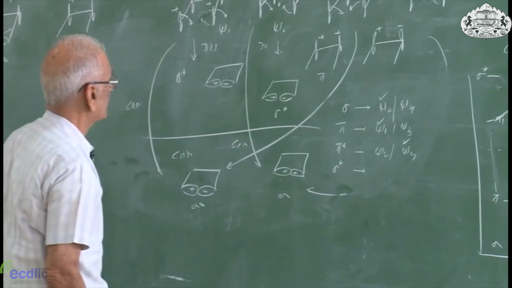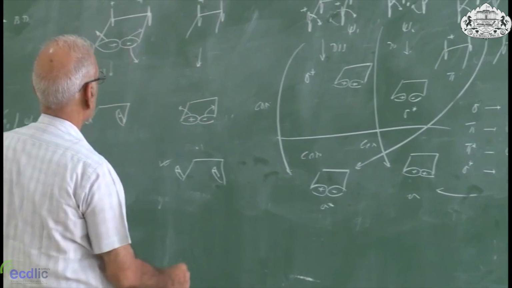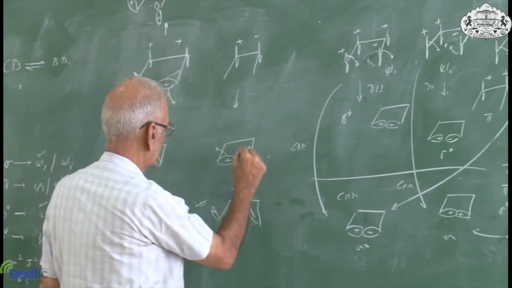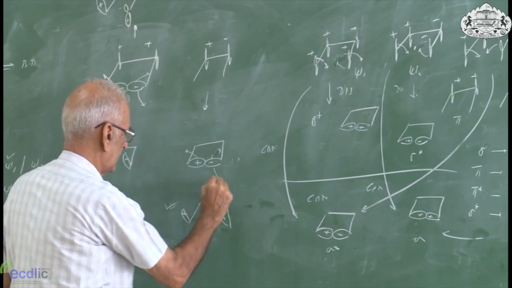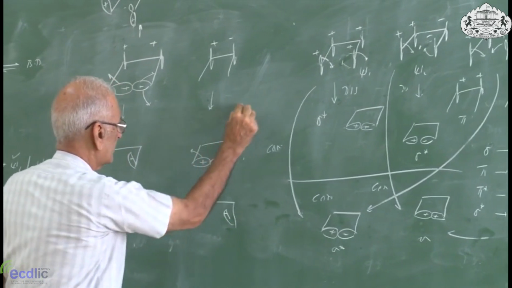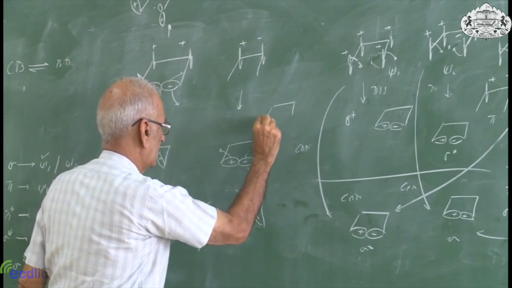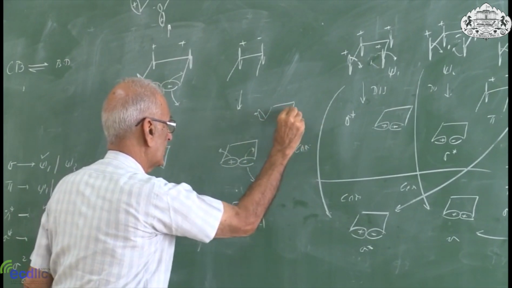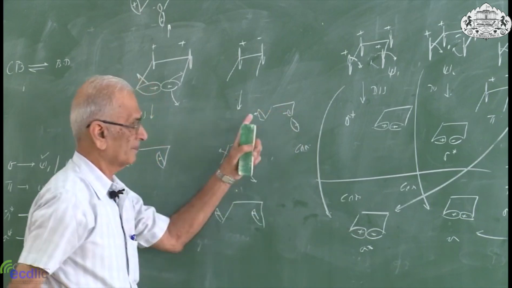Let's look at the picture of sigma star. In this conrotatory process, plus will be here, minus will be here, therefore, plus will be here.